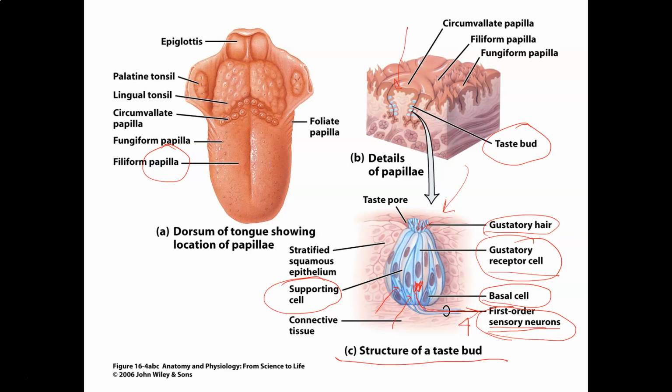Now, we do have different gustatory receptor cells in terms of what kind of chemicals they respond to. And we usually divide them into 5 types. We call them the 5 taste modalities. The classic 4, they used to talk about 4 of them: sweet, sour, salty, and bitter.